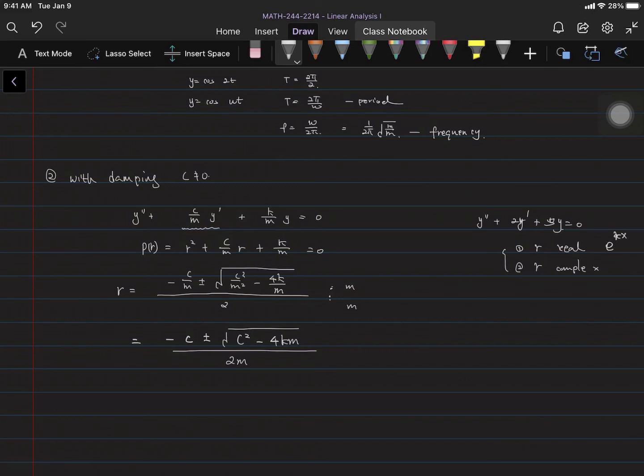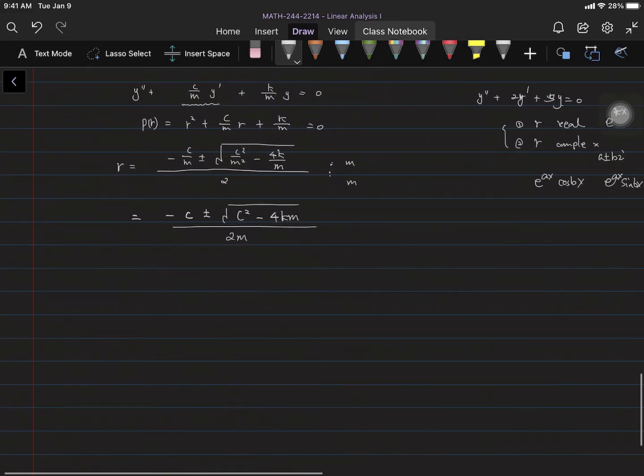When complex, like a plus minus bi, our solution will be cosine bx, sine bx. That would be totally different, right? So we really want to see whether the term under the square root is positive or negative. If it's positive, we have a real solution. If it's negative, we have a complex solution. So we want to discuss from here.